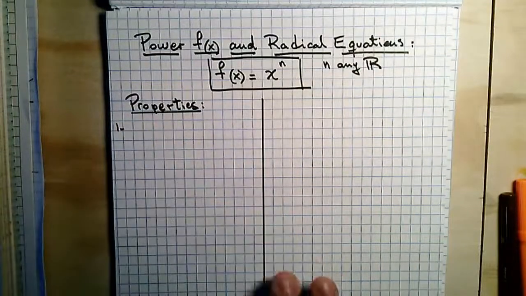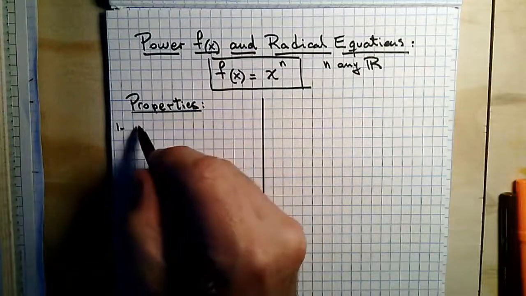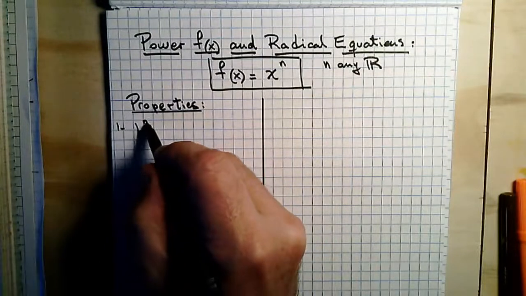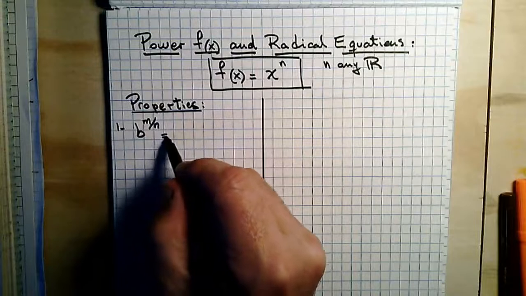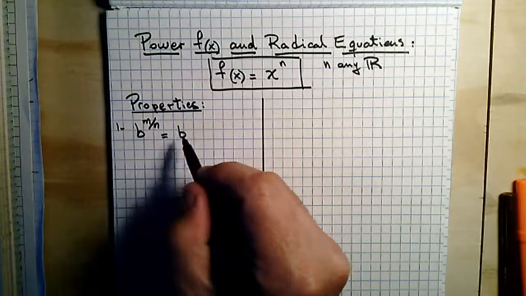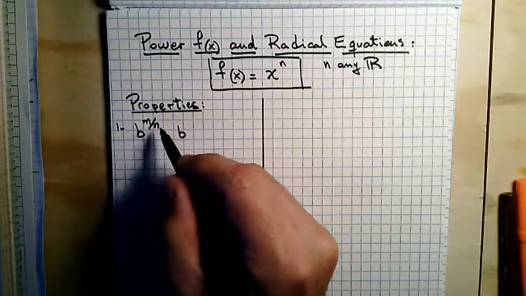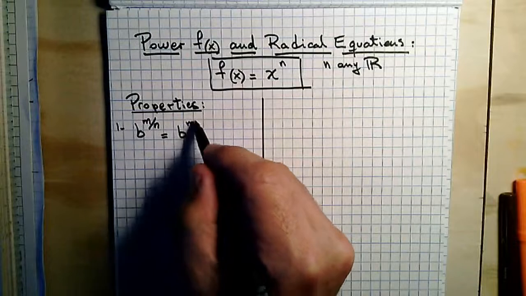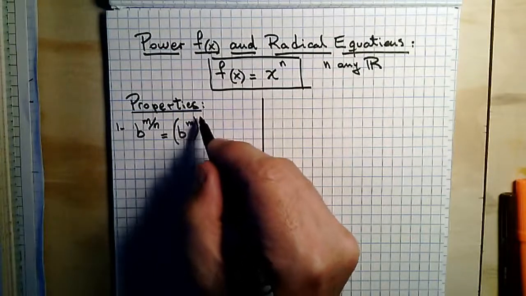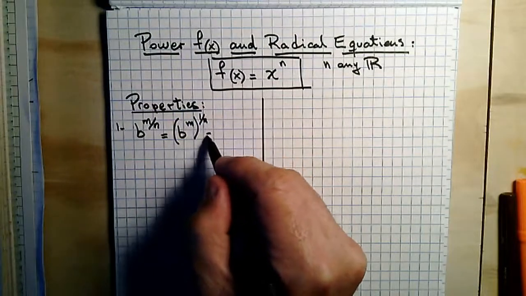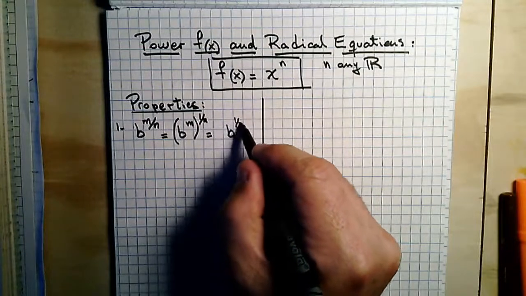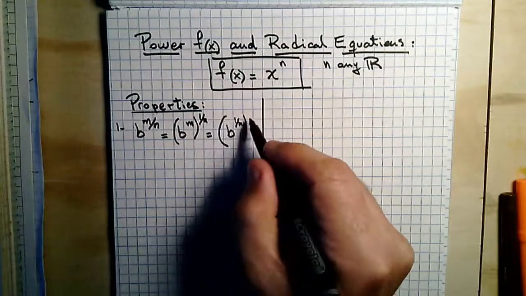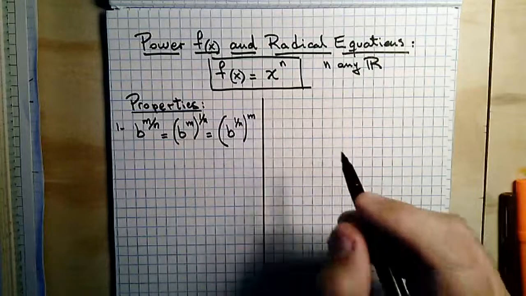Okay, in property number one, we have b to the power of m divided by n. And this is b, I can do distribution here of m, to the power of 1 divided by n, or b to the power of 1 divided by n, and this one is going to be to the power of m.